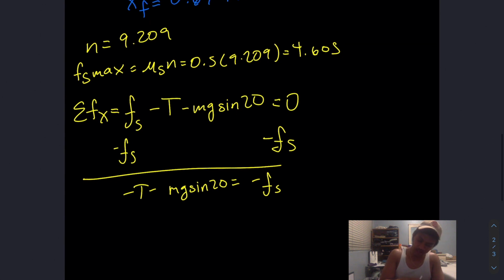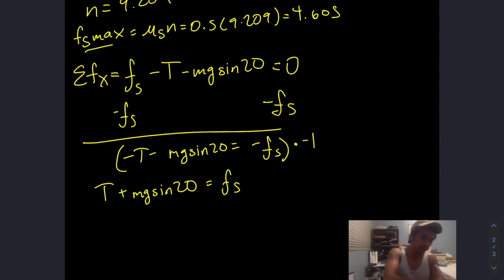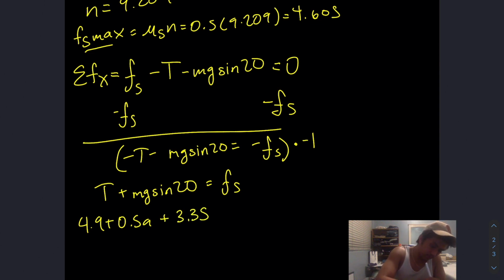And then T, as I put above, was... okay. So I'm going to multiply by negative 1 so I can get rid of the negatives everywhere. So it's T plus mg sine 20, and that should equal the static friction, or the Fs max. So T is 4.9 plus 0.5a, and then plus mg sine 20, which is 3.35.